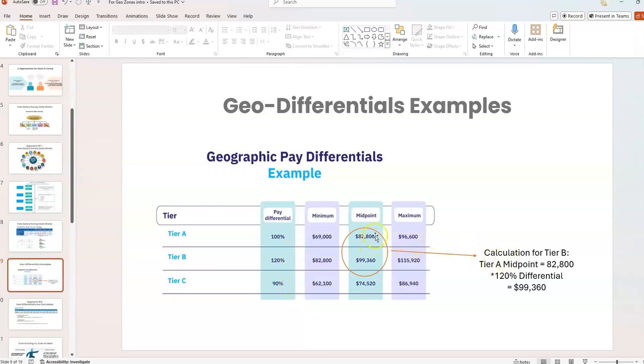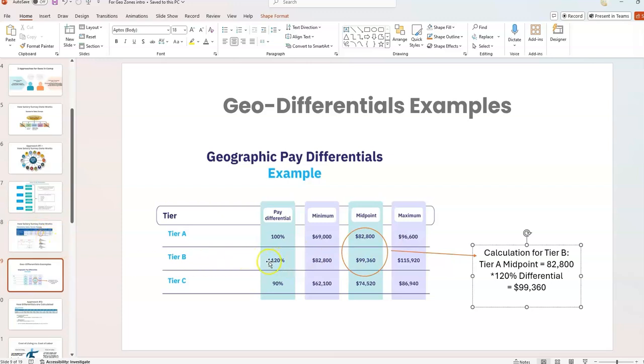To get tier B and C, we just apply it to the salary range and don't do all the analysis with jobs, if we're able to get a report with these differentials. I'll go into more examples in the Excel spreadsheets, but for this example, to get tier B we take the midpoint of tier A times 120%, so 82 times 120%, and that gives us the midpoint for tier B. So that's the value in having the differential percentage. It makes it a little bit easier.